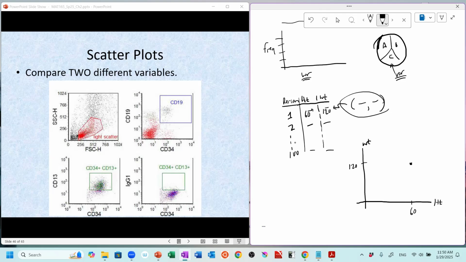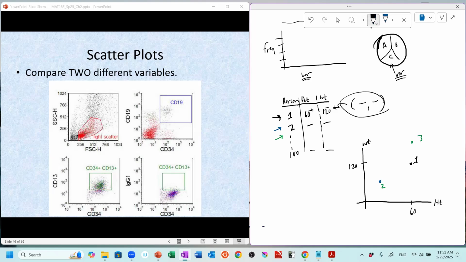This point here represents the information, the data associated with person one. Maybe person two, maybe their data point is like here, and maybe person three is up here somewhere.